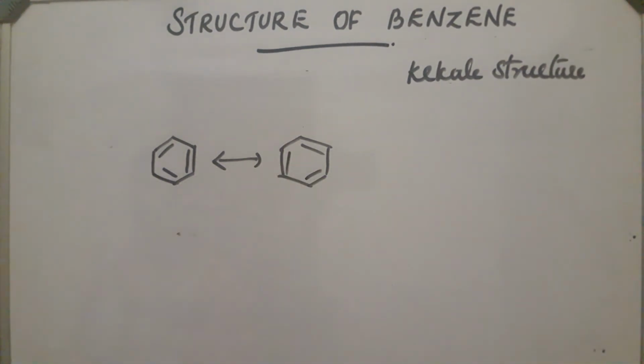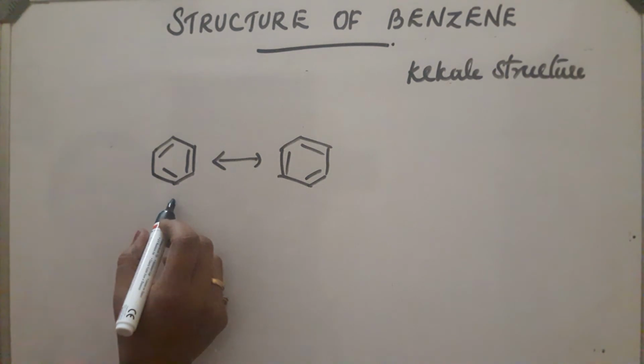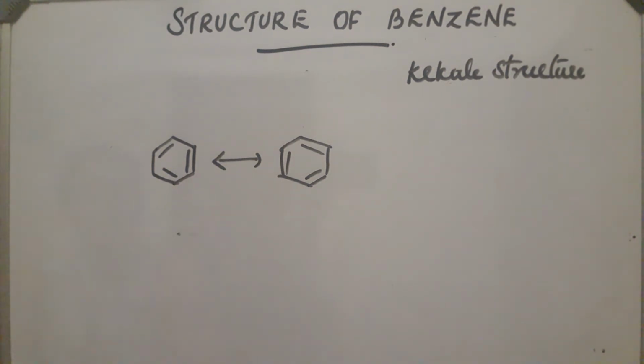In one case it behaves like this, in the other case it behaves like that. Again, it could not explain the unusual stability of benzene, or the preference of substitution reactions over addition reactions.